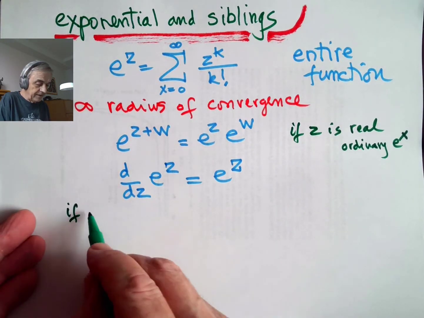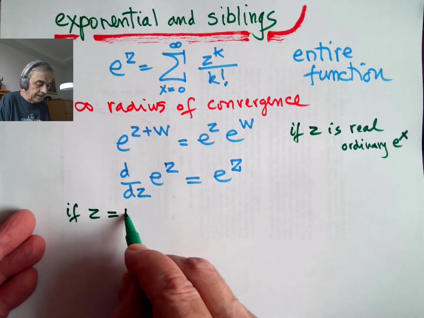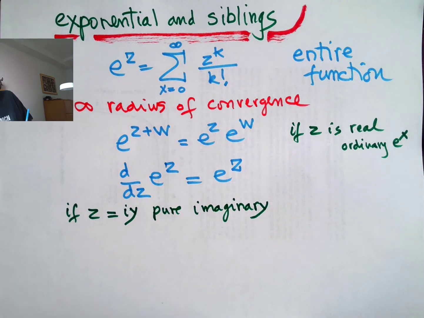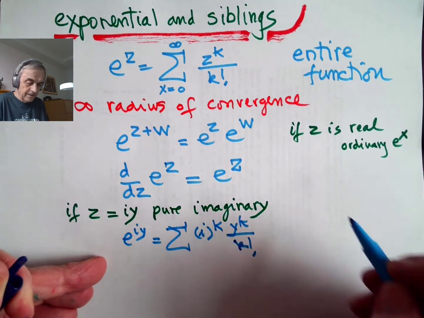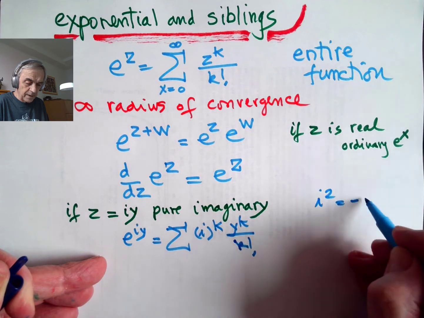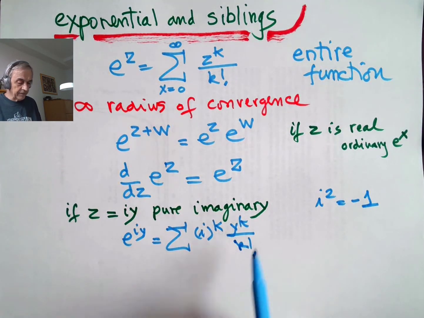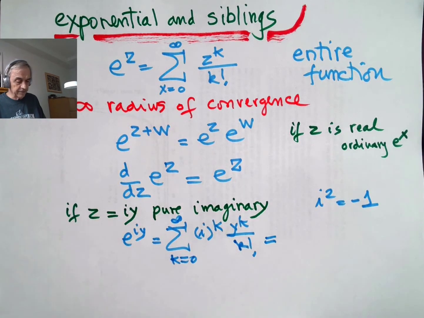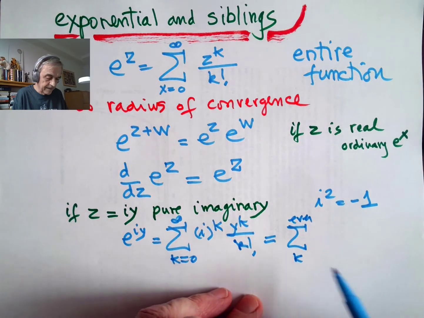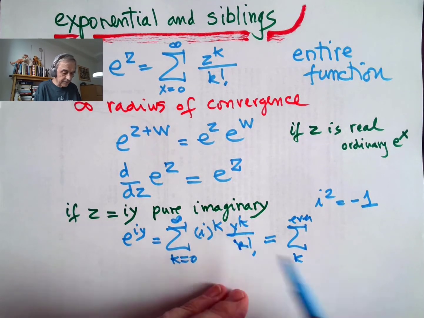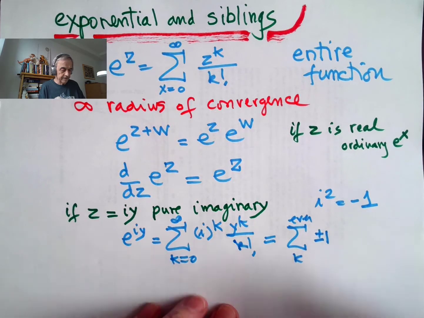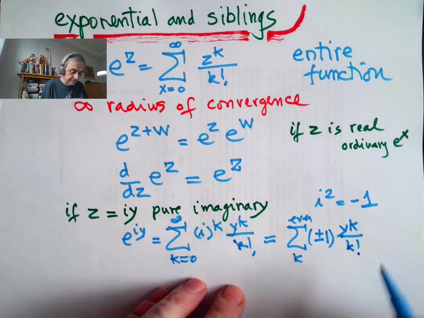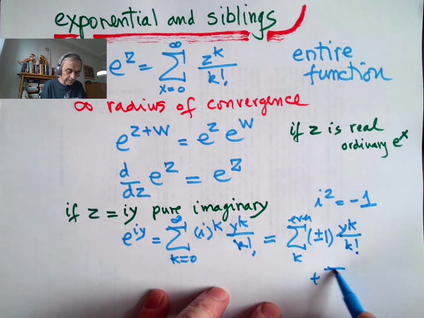If z equals iy, pure imaginary, then the series splits up in a natural way because i squared is -1. Odd and even powers will behave differently. So you can split it into even powers, in which case this is going to be plus -1, i squared is -1, i to the 4th power is +1, plus odd powers.